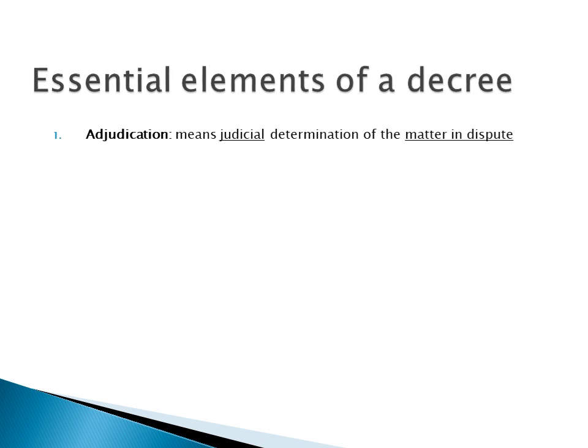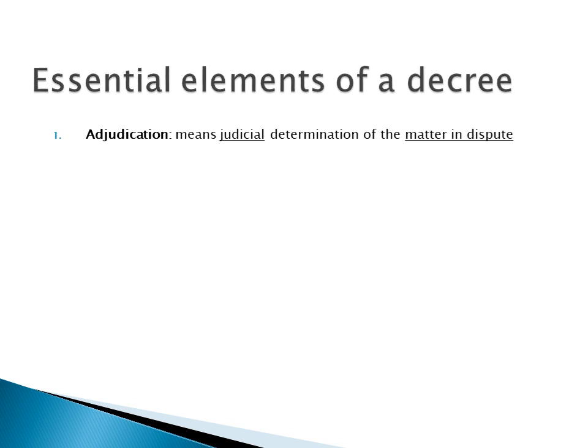If there is no judicial determination of any matter in dispute, it is not a decree. For example, an order of dismissal of a suit in default for non-appearance of parties is not a decree, because they do not judicially deal with the matter in dispute.